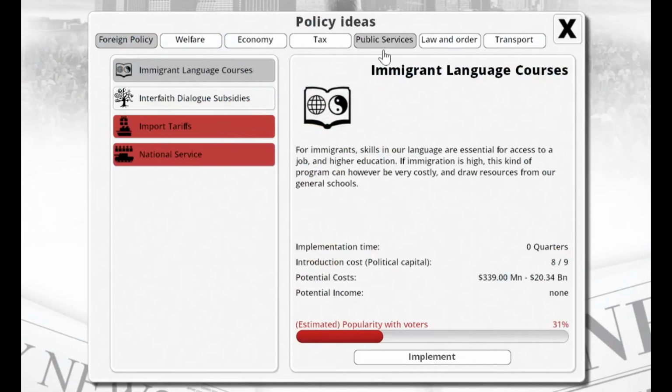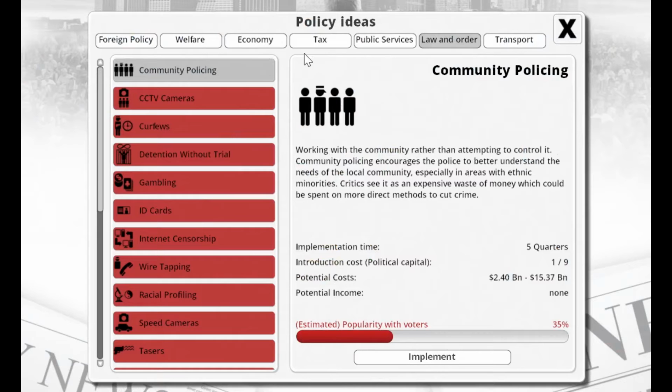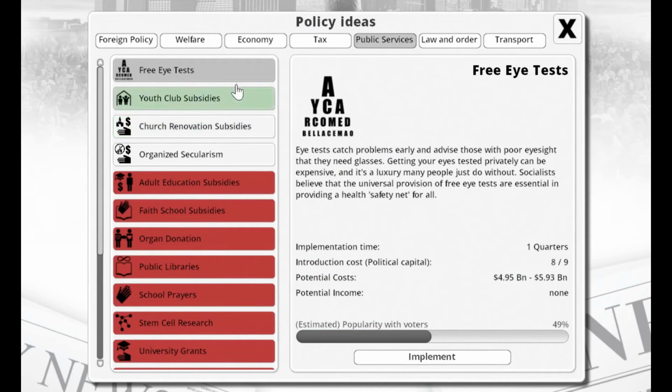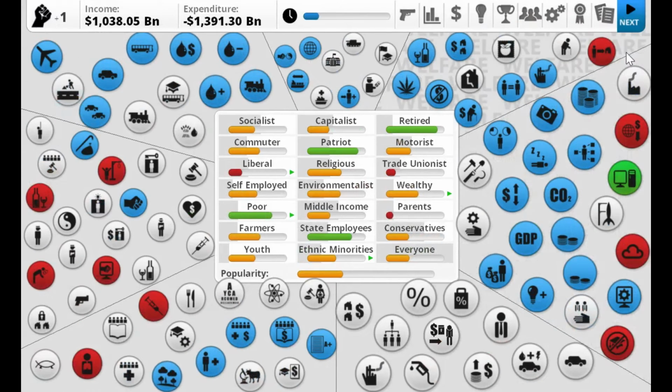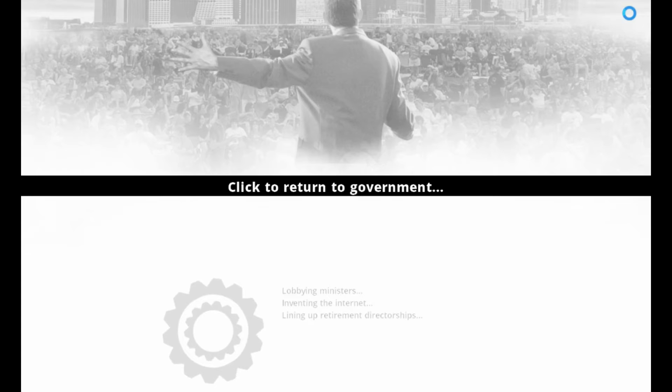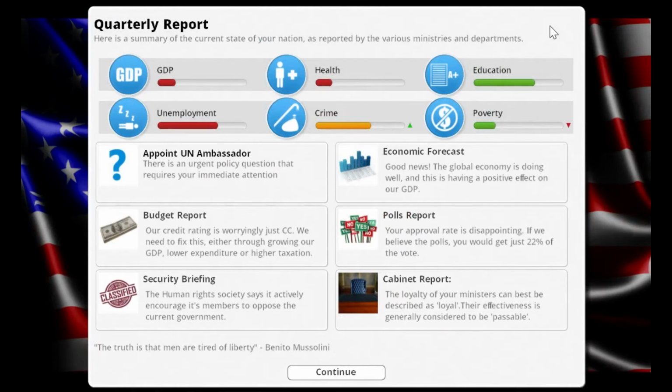That's something I would do in real politics. Nah, just kidding. Free eye test, why not? The wealthy have a problem with it. Good. Okay, so our poverty is still going down. Our crime is going up.